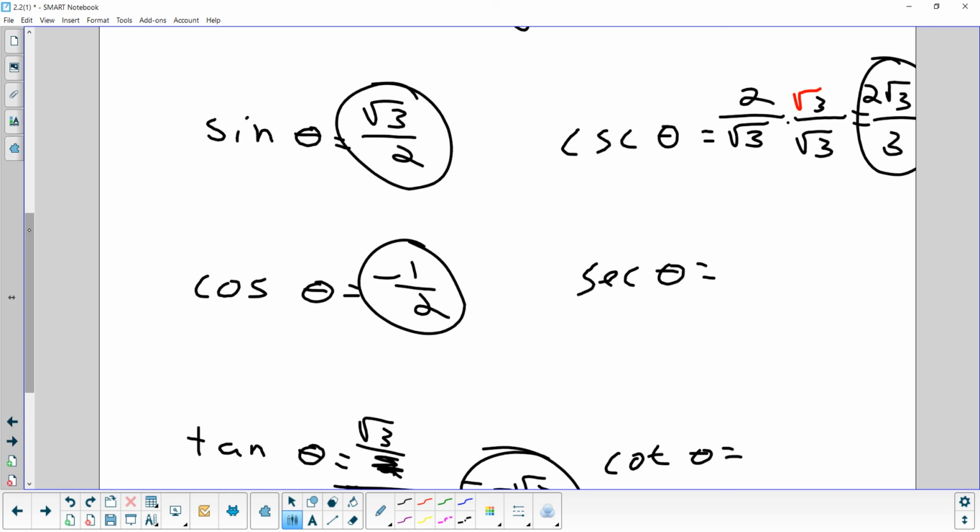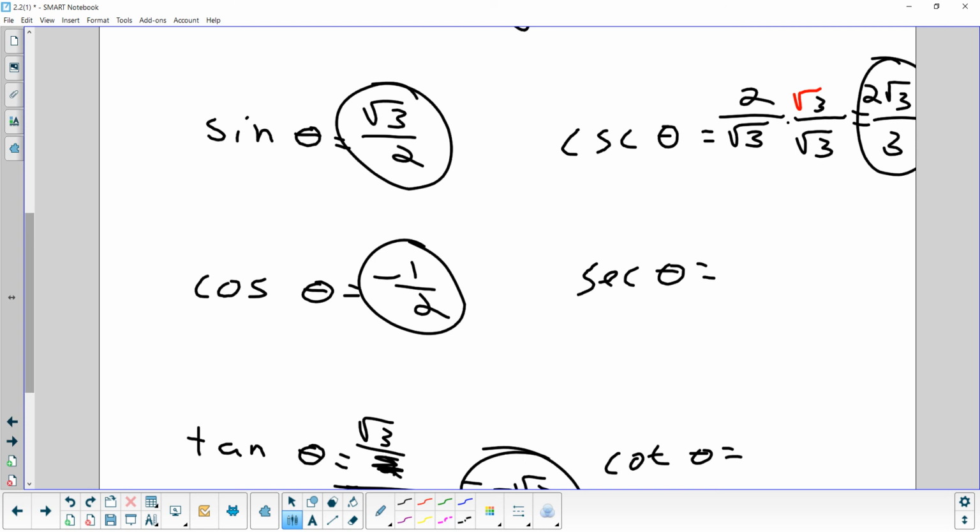So if we flip negative a half, how about Ava, what do I get when I flip negative a half? So we want to take the reciprocal of this number. Not sure.